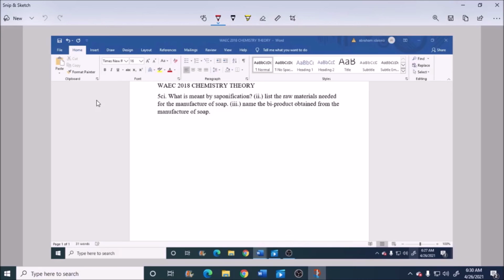Then question 5C, Roman figure 1, we have to define saponification.